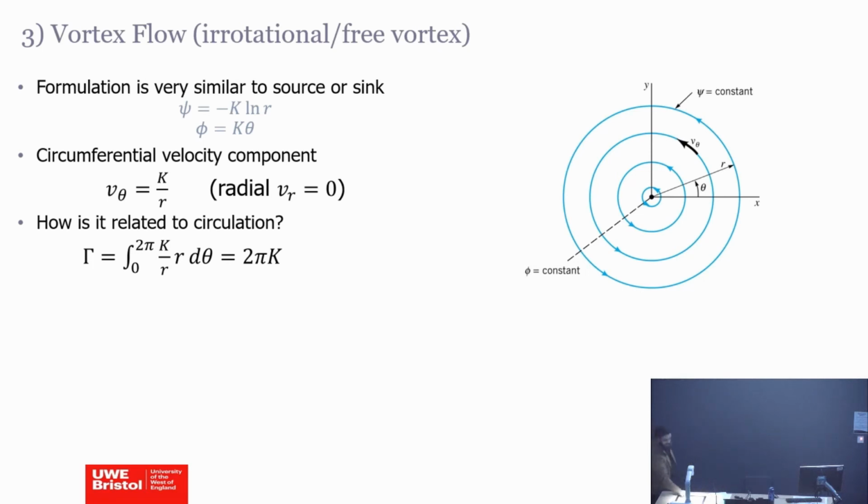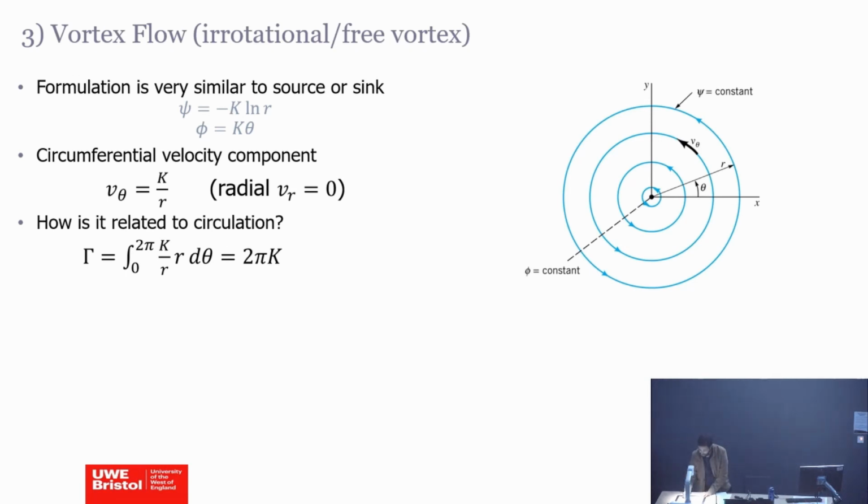Let me ask you a very simple question. We're integrating around the circle. What do you think should be the limits of the integral if you go around the circle in terms of theta? 0 to 2 pi, very good. So I can write this as the integral from 0 to 2 pi of k d theta, because I'm integrating with respect to theta, and it's a circle.